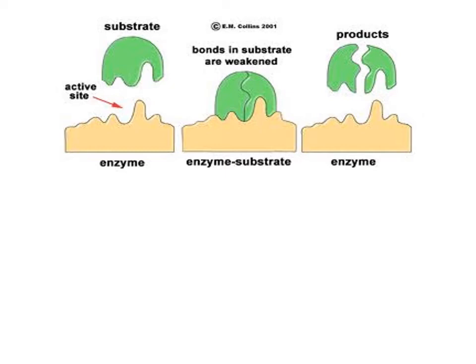This enzyme is meant for this particular metabolic process, and the substrate in combination with the enzyme is broken down. The bonds are weakened in the substrate due to the enzyme, and you end up with two products, which was the whole intention of the metabolic process.